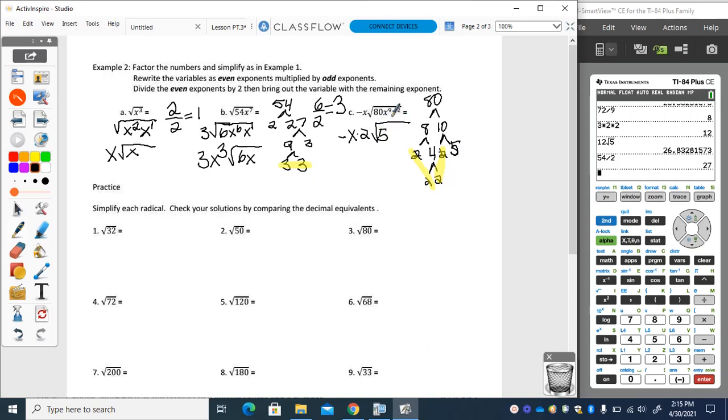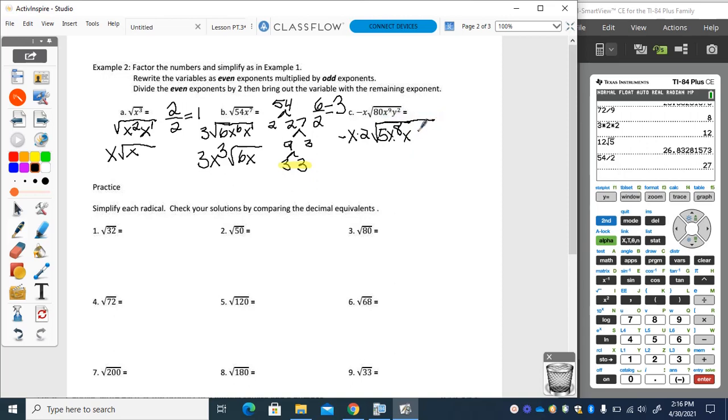And then what's the highest number that will add to get us 9? That'd be 8. So x to the 8 times x to the first. And then what's the highest even number that will add to get us 2?